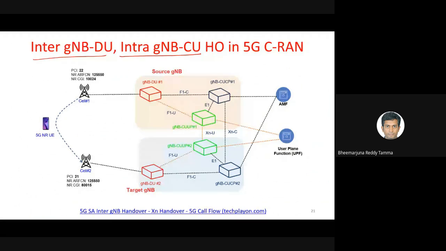I have one 5G user equipment which is moving from cell 1 to cell 2. Cell 1 is connected with, so when I say cell 1, it is my RU, okay? And this is my DU, and this is my CU. Yeah, this is my CU, okay?